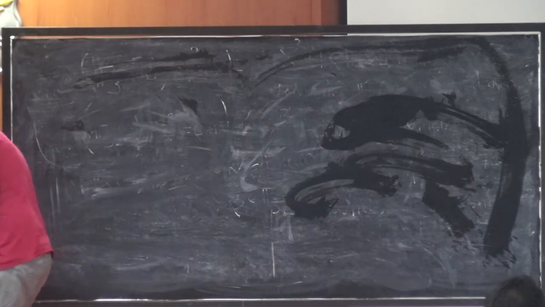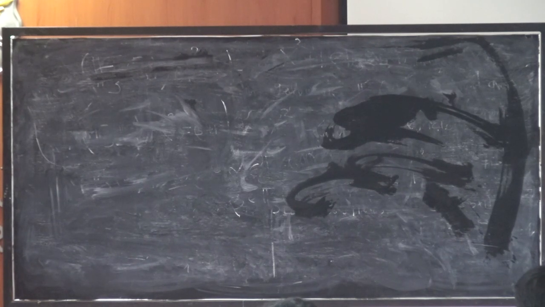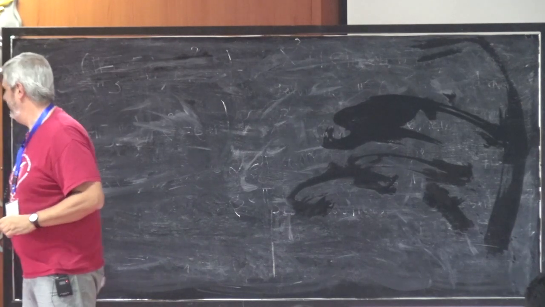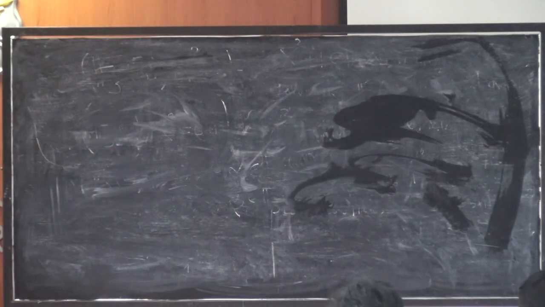So what we do, we just write what that is, alpha plus beta to the power P. This can be written by means of the Newton formula.